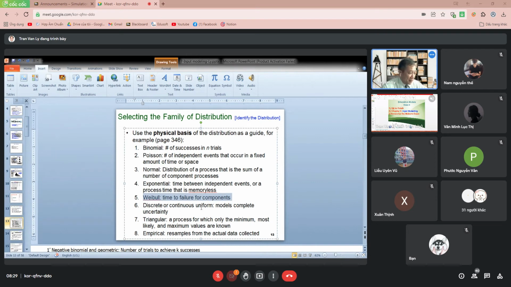Another: continuous uniform, with a minimum and a maximum. Next, triangular: minimum, maximum, and in between is the most likely.